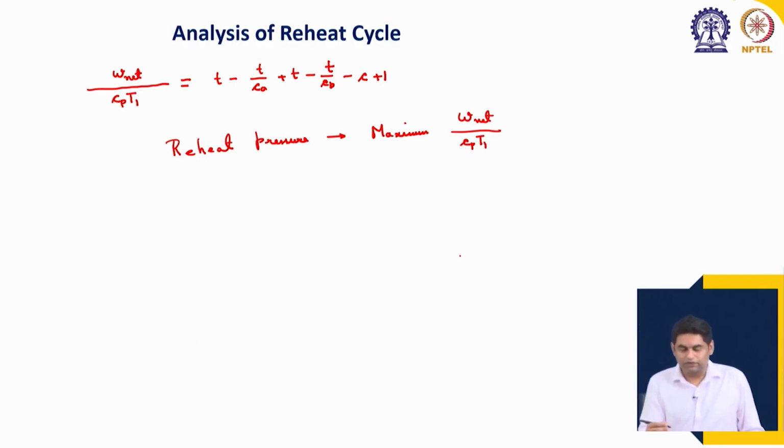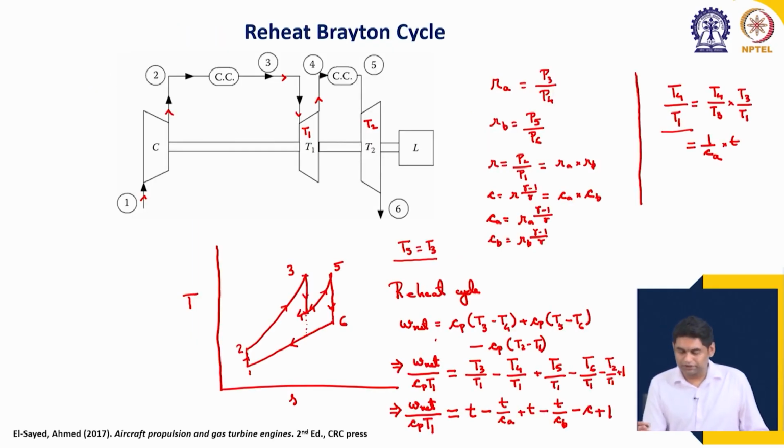In other words, what is this reheat pressure? This reheat pressure is the pressure at 4 and 5. So, P4, P5. For the process from 4 to 5, which is the reheating process. Basically we want to know at what point should we stop the expansion in the first turbine and then start the reheating. Okay.